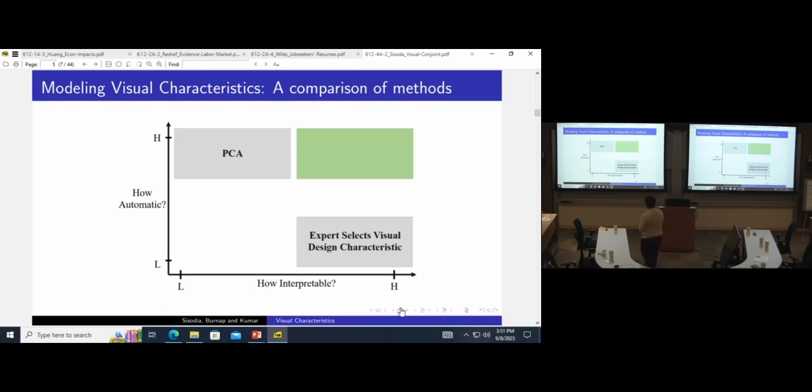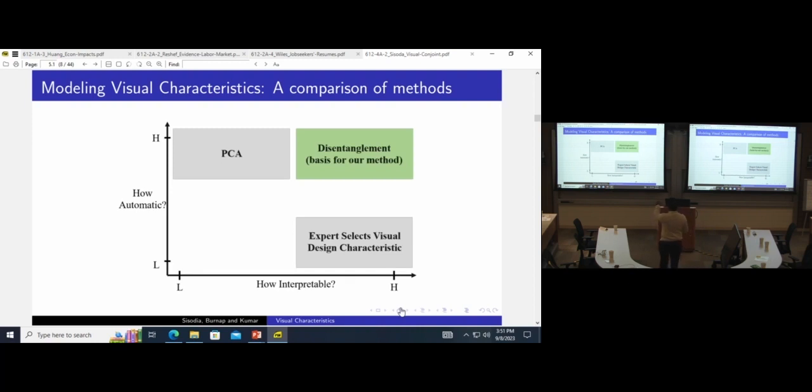On the other hand, recently a lot of literature in marketing has used methods which are interpretable, in the sense that a researcher will decide which visual characteristic probably drives their dependent variables, so they have some hypothesis, and they obtain those visual characteristics then from some deep learning pre-trained model, and then go and do that. So that's not automated because it requires researchers' judgment. However, by definition, it's interpretable.